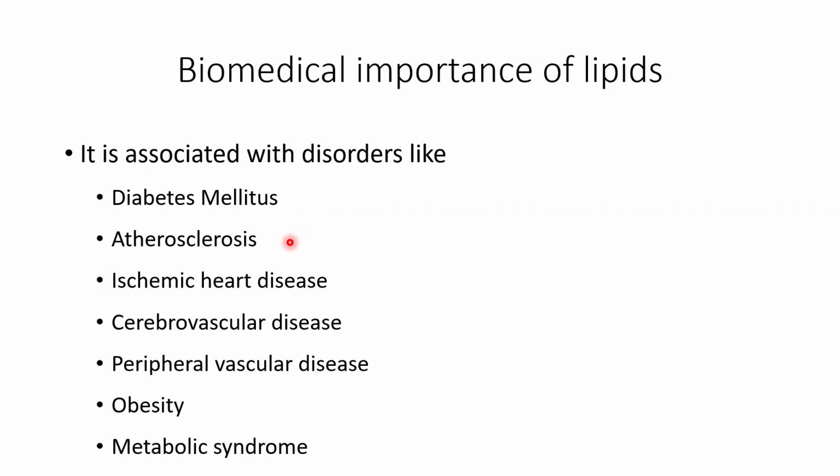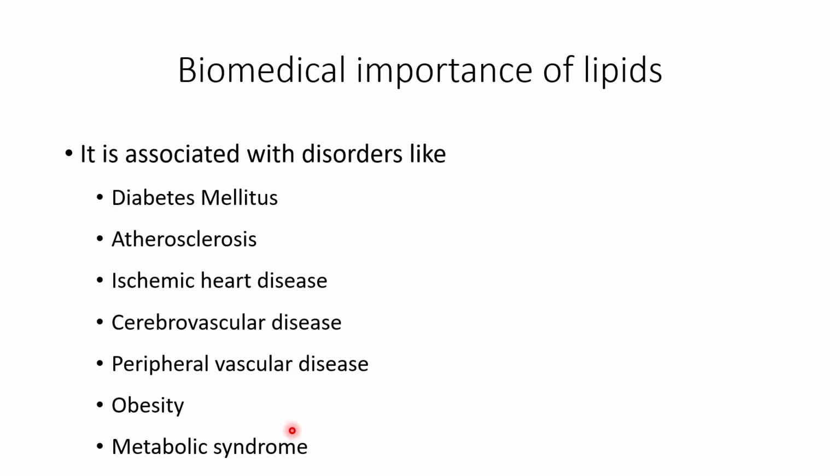Again, lipids can get deposited in the arteries and can lead to atherosclerosis. It can cause ischemic heart disease or heart attack. Similarly, it can cause cerebrovascular disease or peripheral vascular disease, obstructing the blood flow to the brain or to the peripheral organs. If there is an excess of lipid in our body, it can lead to obesity, and obesity comes with its own problems, which we will see again.